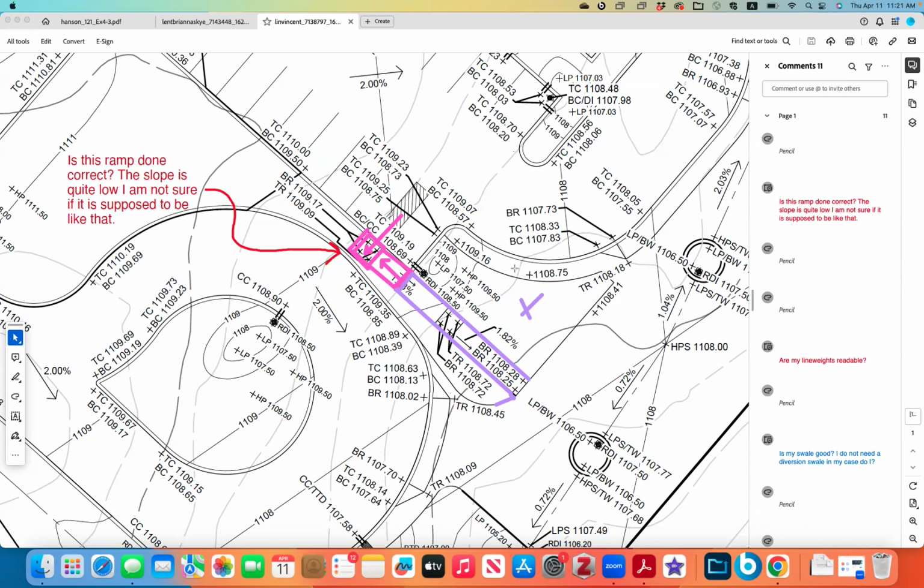So you actually only use a pretty short ramp to get up to the plaza level, and then everything would be following the contours. If I calculate the elevations of this walkway, it will be following these contour lines. Does that make sense? Yeah, okay.